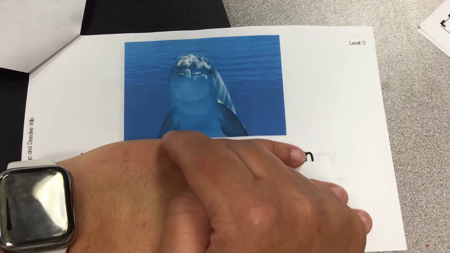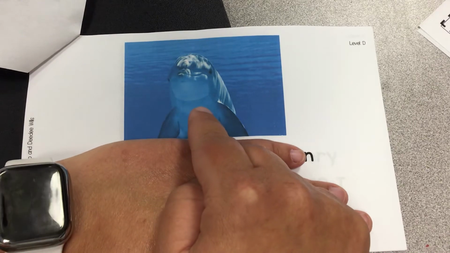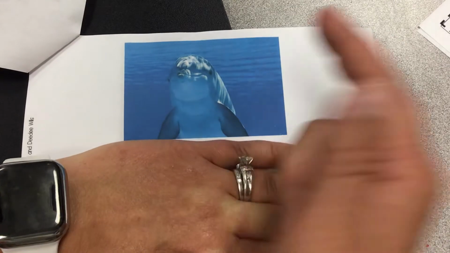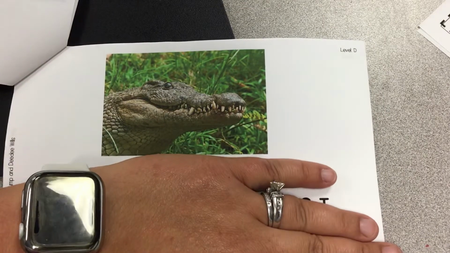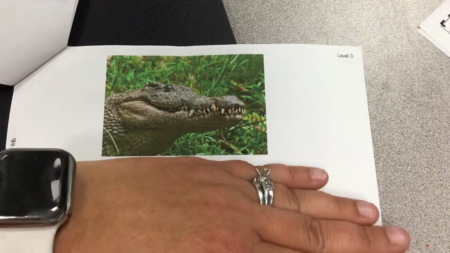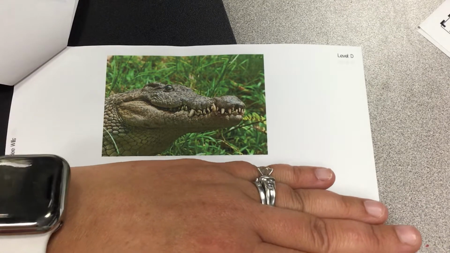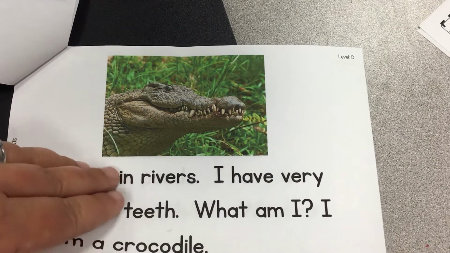So I've got a picture of a dolphin. You're right. Where does a dolphin live? In the ocean, okay? All right, what kind of animal do I have here? Ooh, a crocodile. Where do crocodiles live? They live in the swamp, okay?